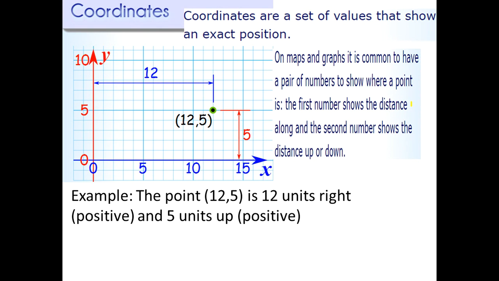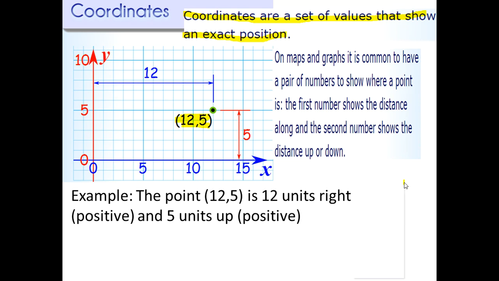On the coordinate plane, we have these things called coordinates, and they're really important to know. Coordinates are a set of values that show an exact position. We're going to talk about this coordinate here. This is how it's written with a parentheses, a number, a comma, a number, and another parentheses.